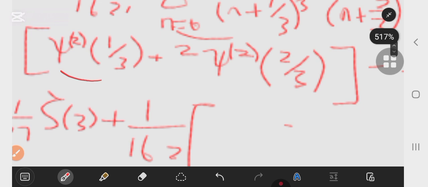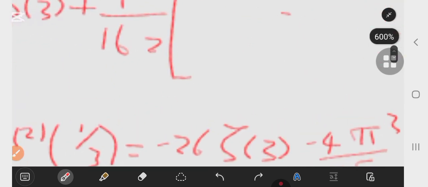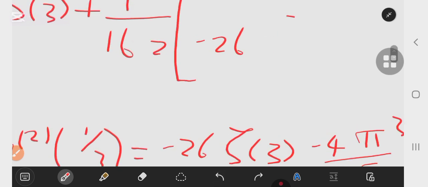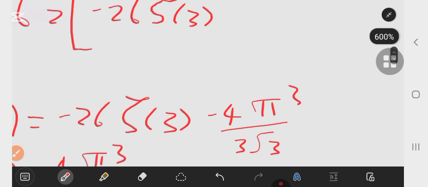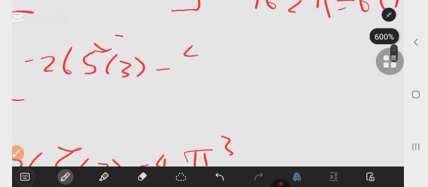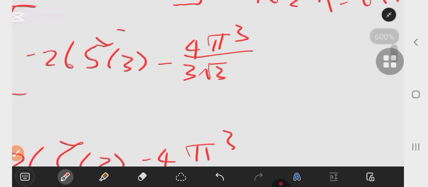From here I have Trigamma 1 over 3. What is Trigamma 1 over 3? It is minus 26 zeta 3, then what else? Minus 4 pi cube all over 3 root 3. Then from here, what else do I have?